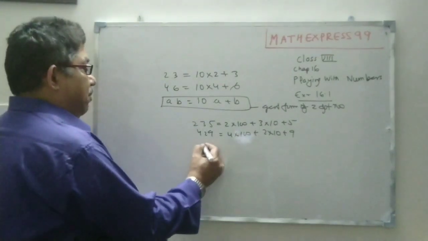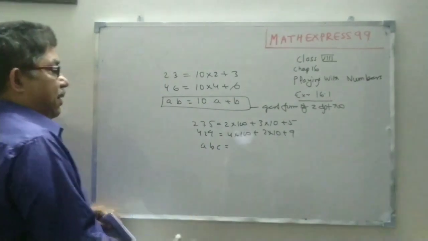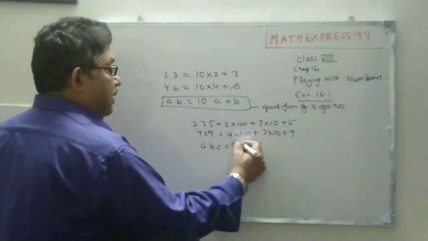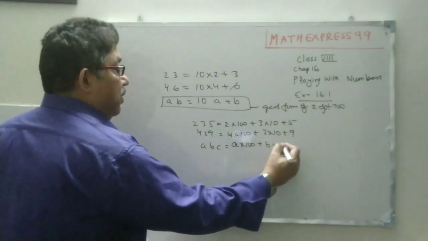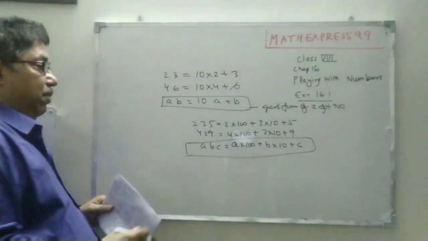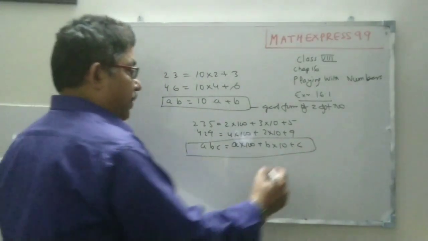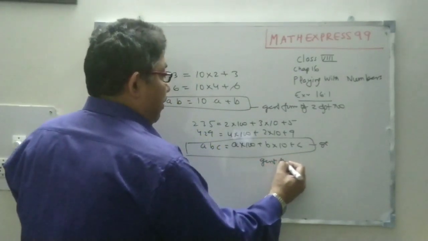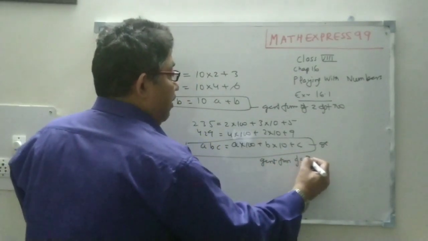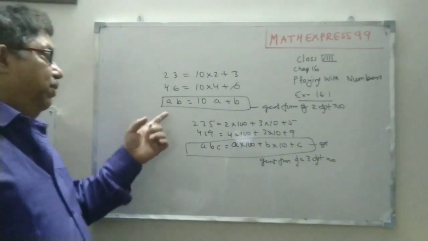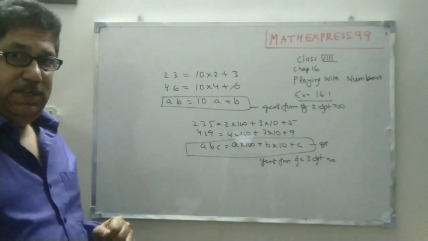So if we have a number ABC, we will write it as what? A into 100 plus B into 10 plus C. So this is our general form of a three-digit number. Like we had the general form of a two-digit number, we have the general form of a three-digit number.